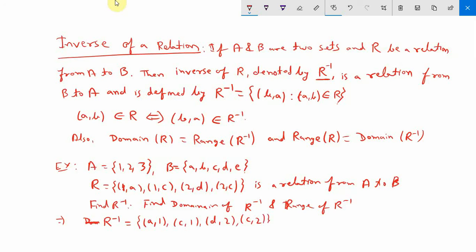Okay, so this is our R inverse, and if we see domain of R inverse, it is equal to {a, c, d}. Okay, and this is equal to range of R. Then we can find range of R inverse.